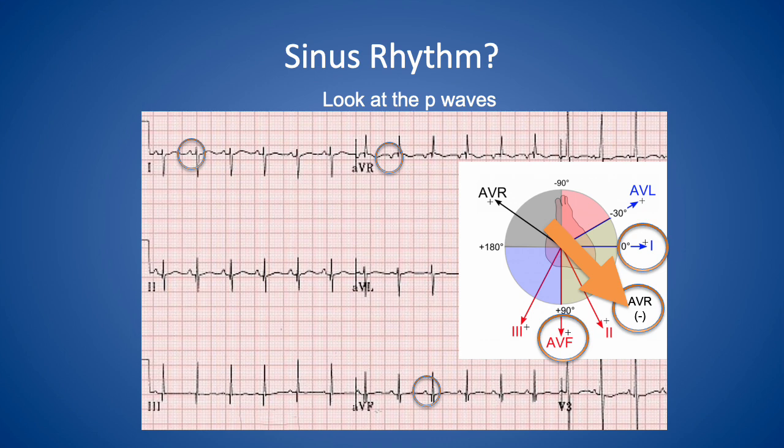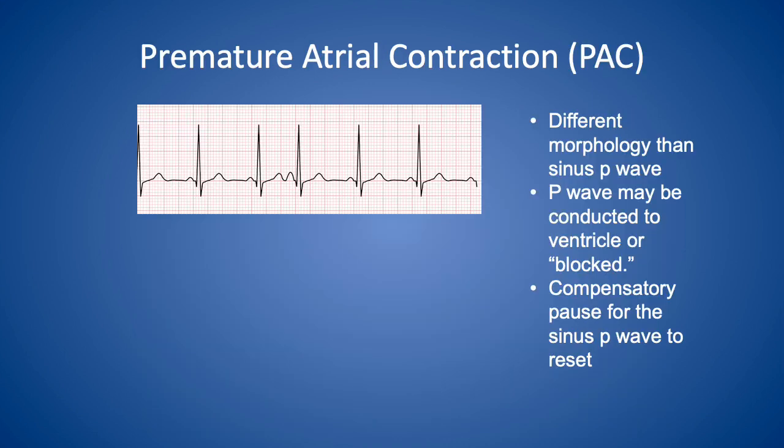And so this is how we would determine whether or not we're seeing a sinus rhythm. Additionally, we also need to make sure that there is a P wave before every QRS and that there's a QRS after every P wave. PACs, or premature atrial contractions, have a different morphology than the sinus P wave.